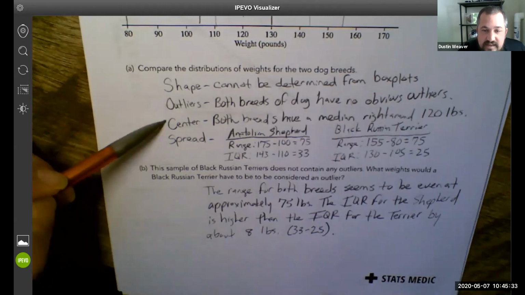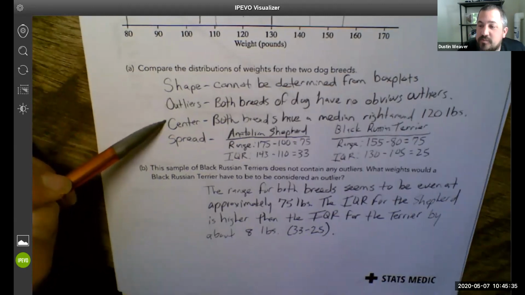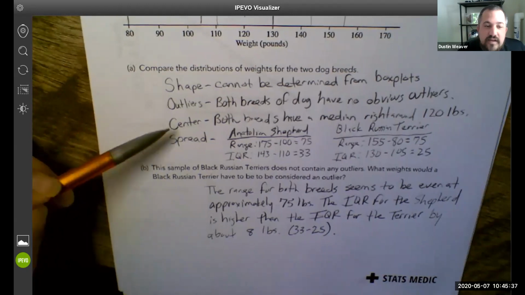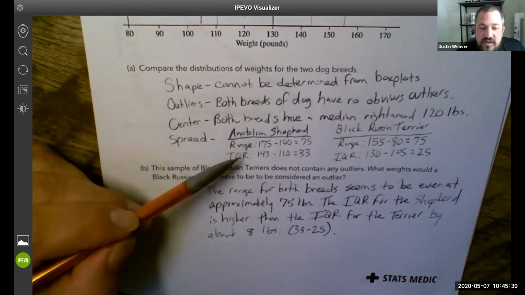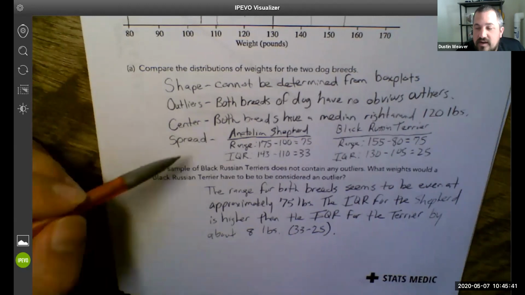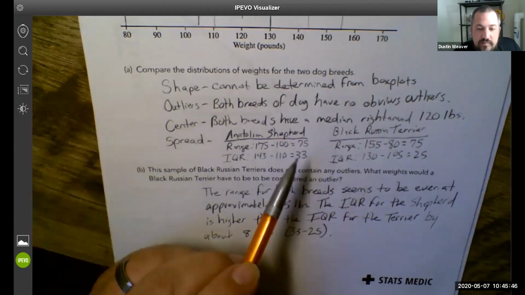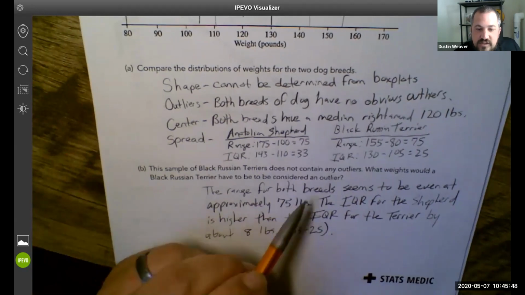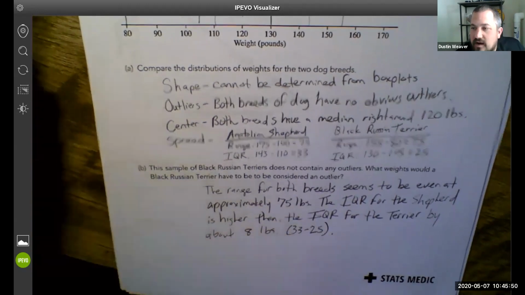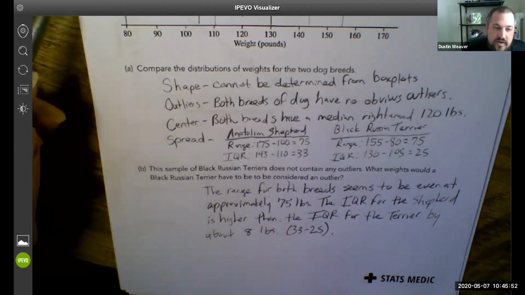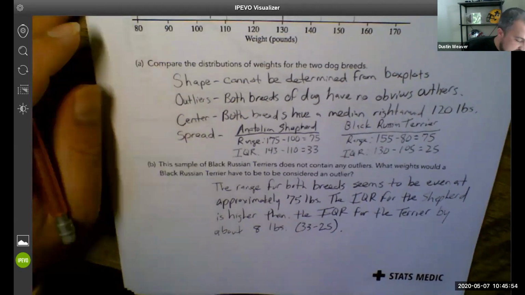The next part is the center. We talked about their center, which we had to use median because we have box plots. We then talked about their spread, the range and IQR. And we also got the context. Remember, it's shape, outliers, center, spread plus the context. Anytime we mentioned anything about the breeds or the pounds, we got the context of the problem as well. So we've completely finished part A.